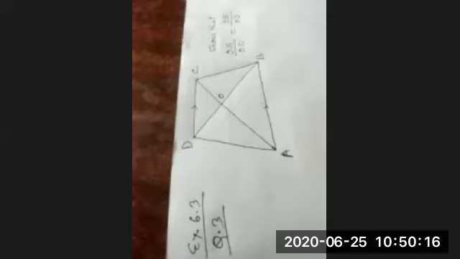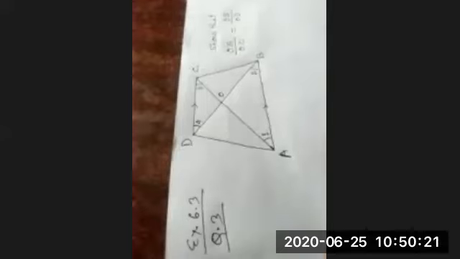It is just to use the angle very conveniently. You can write the name of the triangles also, but it will take time. Okay. And you can say that vertically opposite angles are equal.